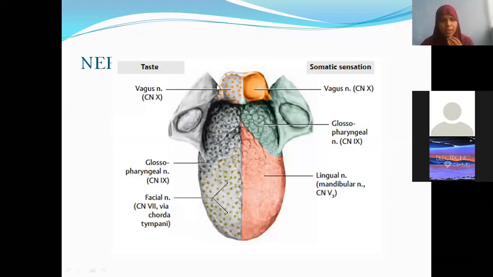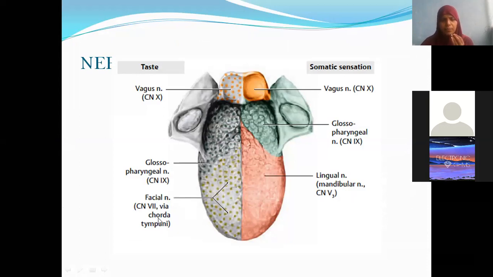Now coming to the nerve supply of the tongue, the innervation. In the anterior two-thirds, general sensation is coming from the lingual nerve, which is a branch of the mandibular division of the trigeminal nerve. What is the special taste sensation coming from?